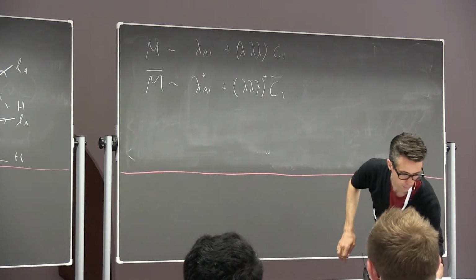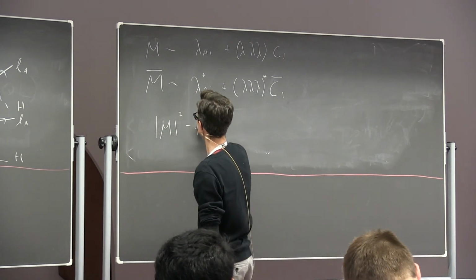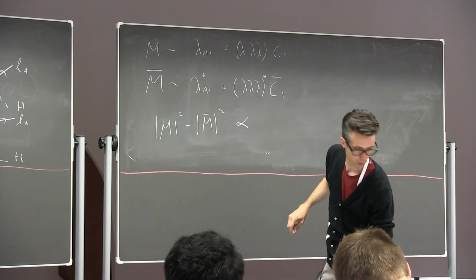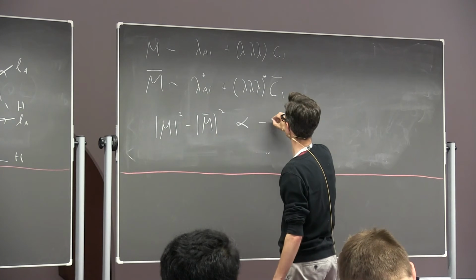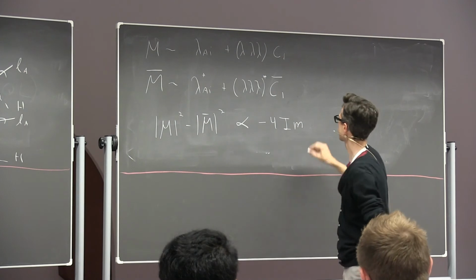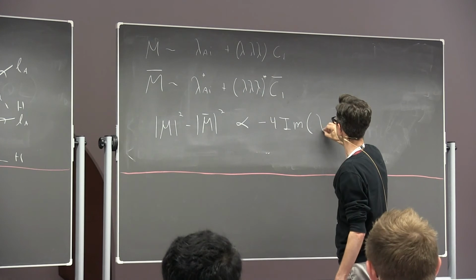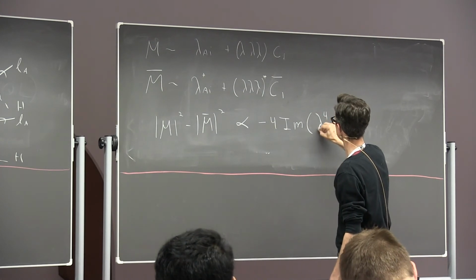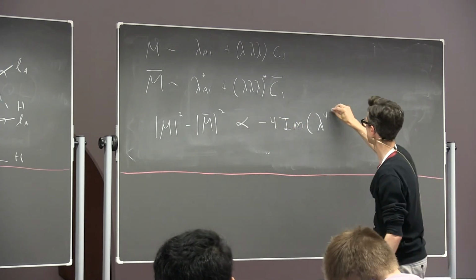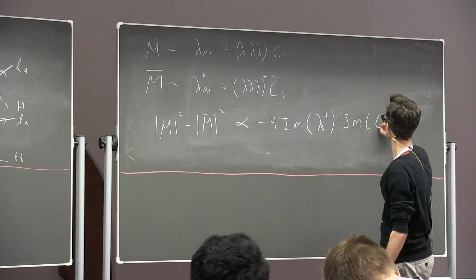So specifically, if I look at the difference between M squared and the conjugate M bar squared, it turns out that this thing is proportional to minus 4 times the imaginary part of essentially a combination that looks like lambda to the fourth with all kinds of flavor indices mixing together. It's going to come from a cross term between this piece and this piece times the imaginary part of C0.